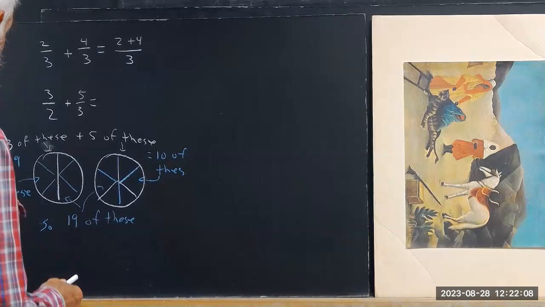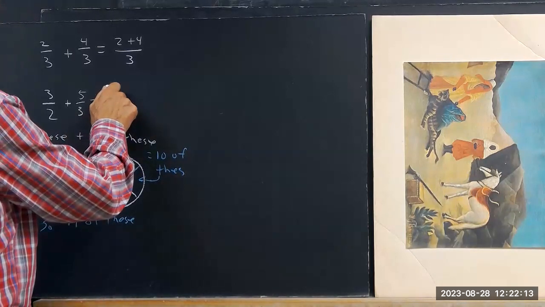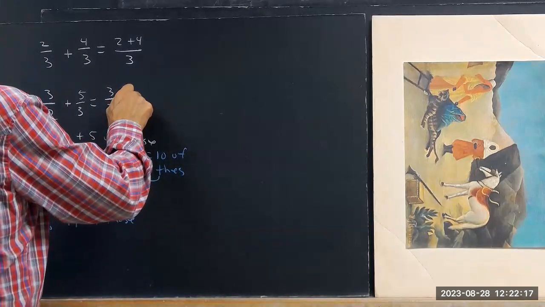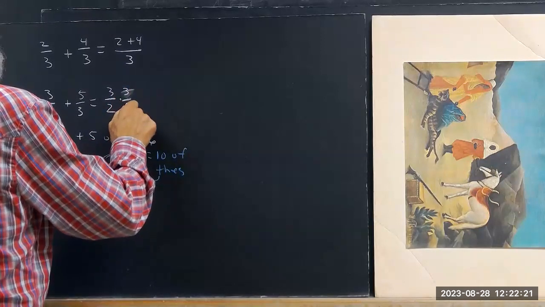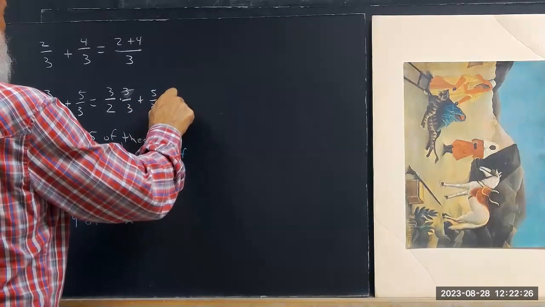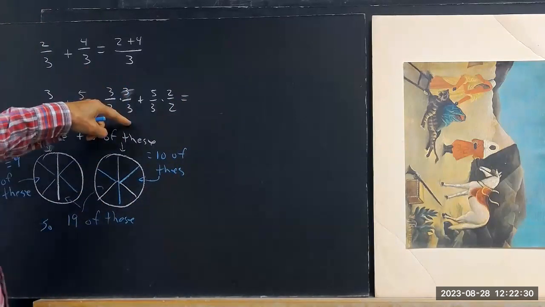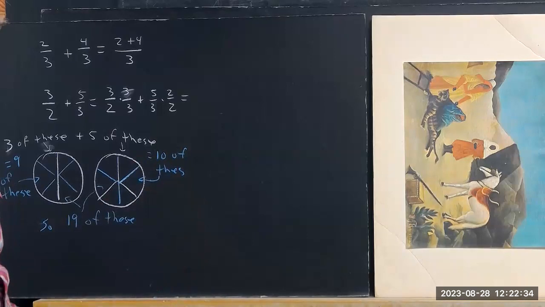Maybe you understand that, maybe you don't. The rule is, I've got 3 halves here. I can multiply that by 3 over 3, and I take that 5 thirds and multiply that by 2 over 2. It's legal to multiply by 3 over 3, because 3 over 3 is the same as 1. If you multiply by 1, it doesn't change things.